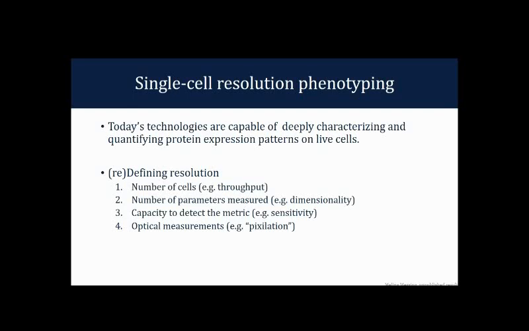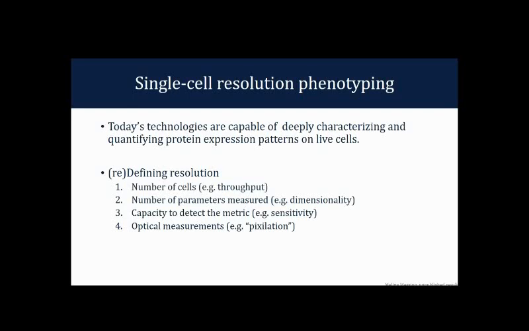What I thought of here is basically throughput, the number of cells that a technology is capable of analyzing in a given time; the number of parameters measured, or the dimensionality, which is a key point that we'll come back to again and again in this presentation; and the capacity or sensitivity to detect the metric being measured.